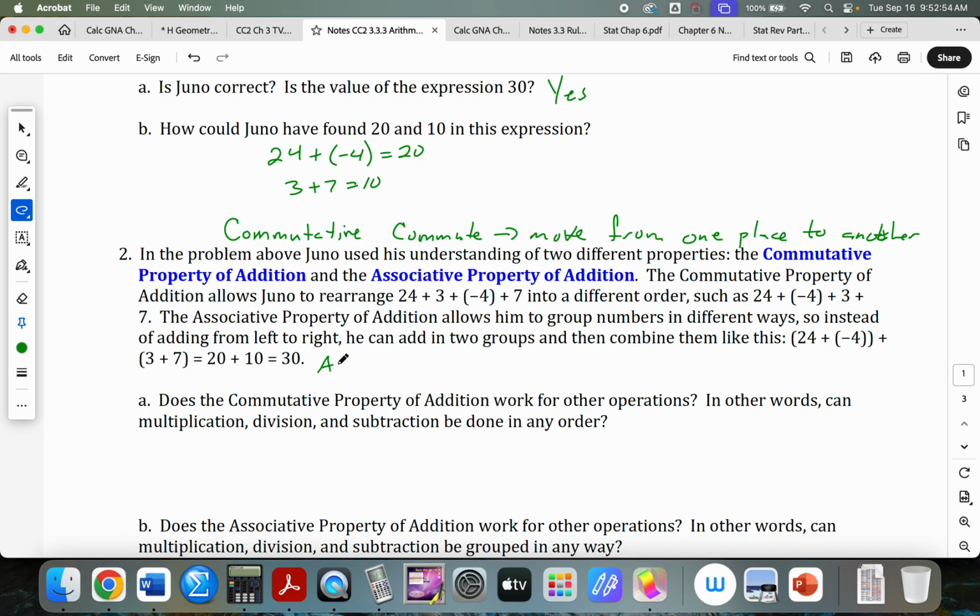And then the associative property comes from the root word to associate. So there's a lot of different things you can think about for this.